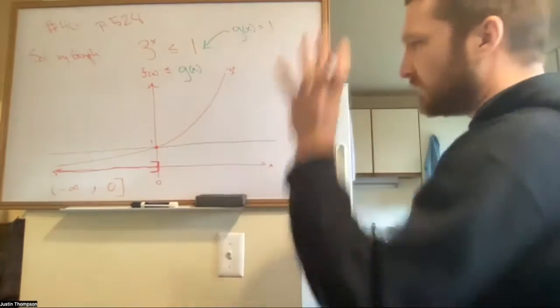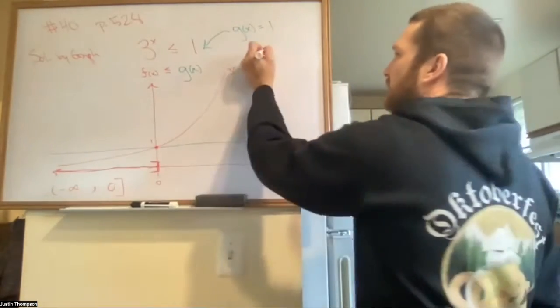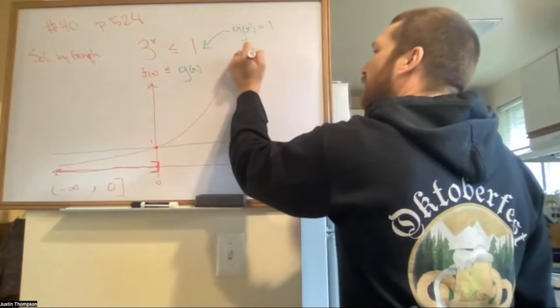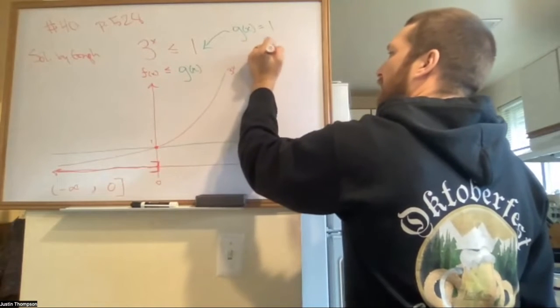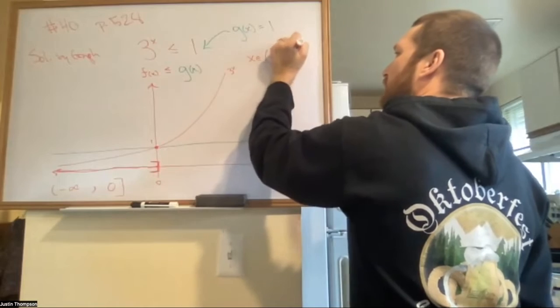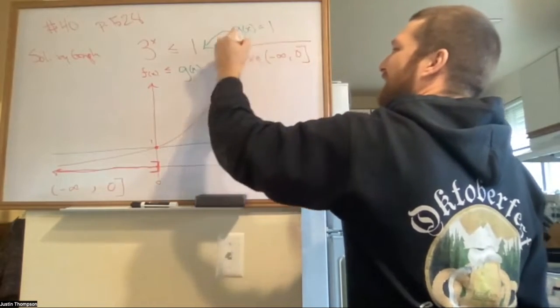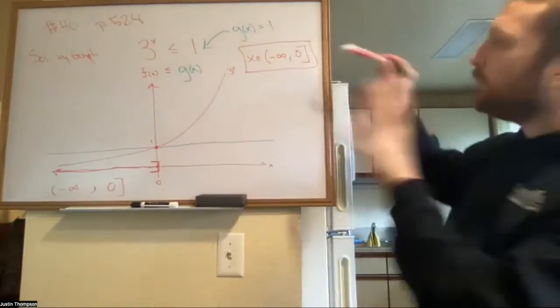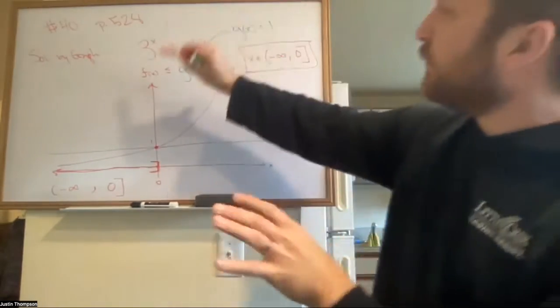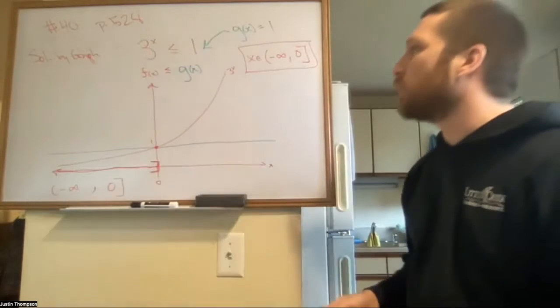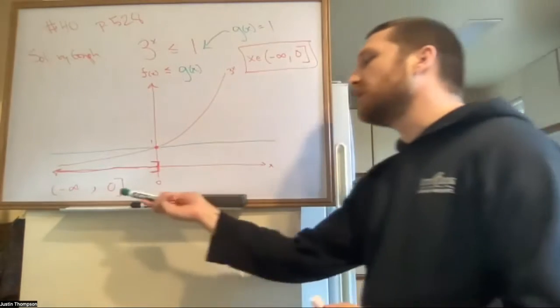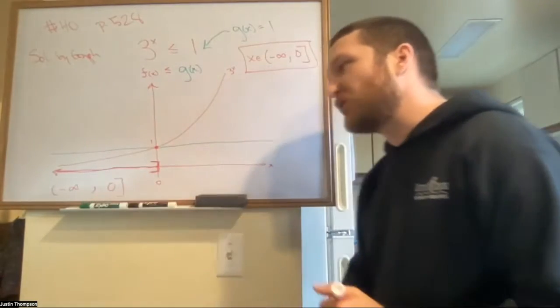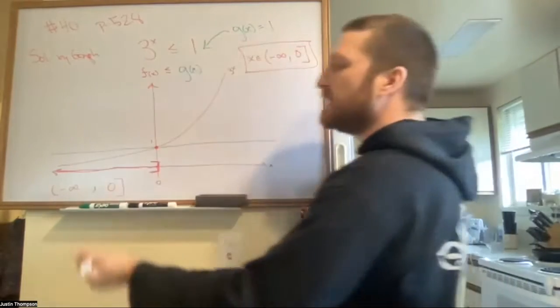And so the solution to this is, well, we could put it as x in this interval. So in other words, whenever x is in that interval, it will be true that 3 to the x is less than or equal to 1. Let's just check ourselves here. Let's just make sure that that's the case. Let's choose any number from in here.